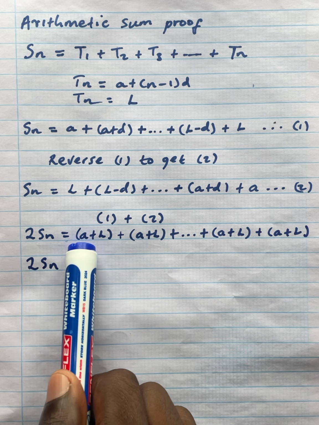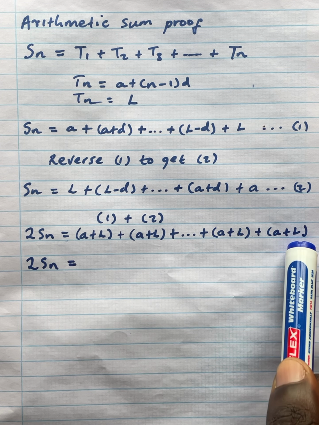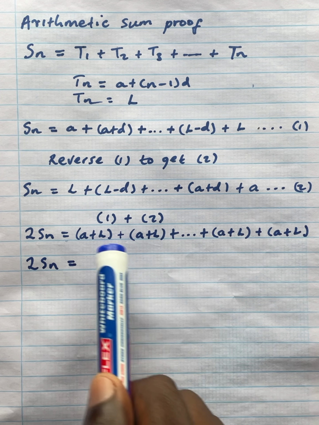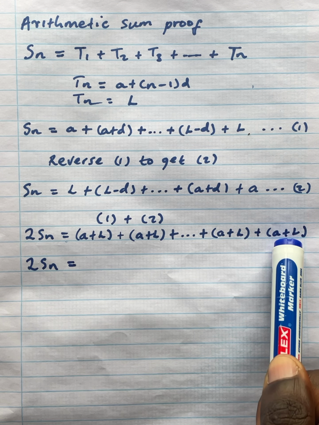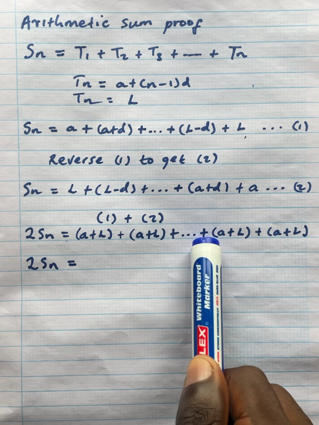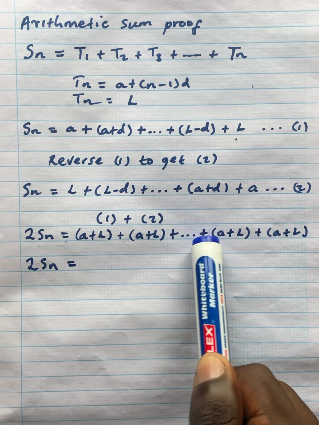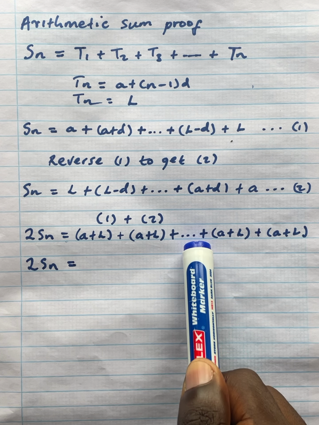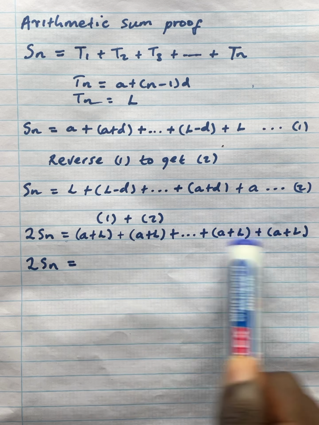So how many (a plus L)'s do we have in this equation? One might be tempted to say 1, 2, 3, 4, and that's valid, but it's wrong, due to these three dots, they represent an unknown amount of (a plus L)'s. So in actual fact, we don't know how many (a plus L)'s we have.